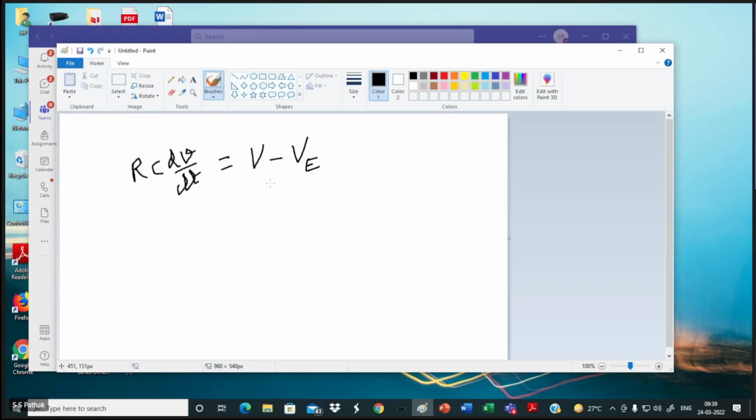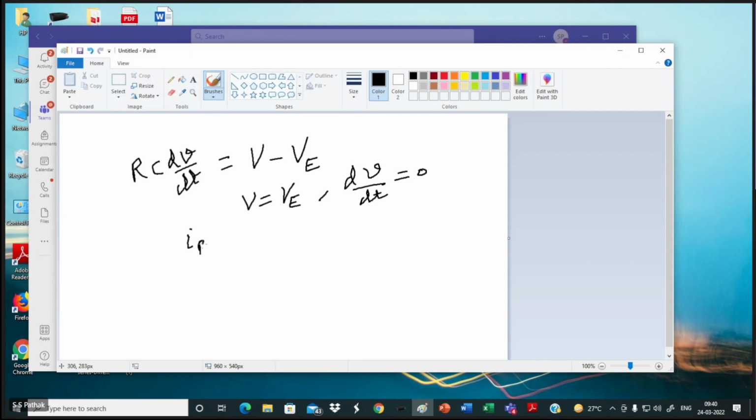So when V equals VE, dV by dt becomes 0. That is the equilibrium point.